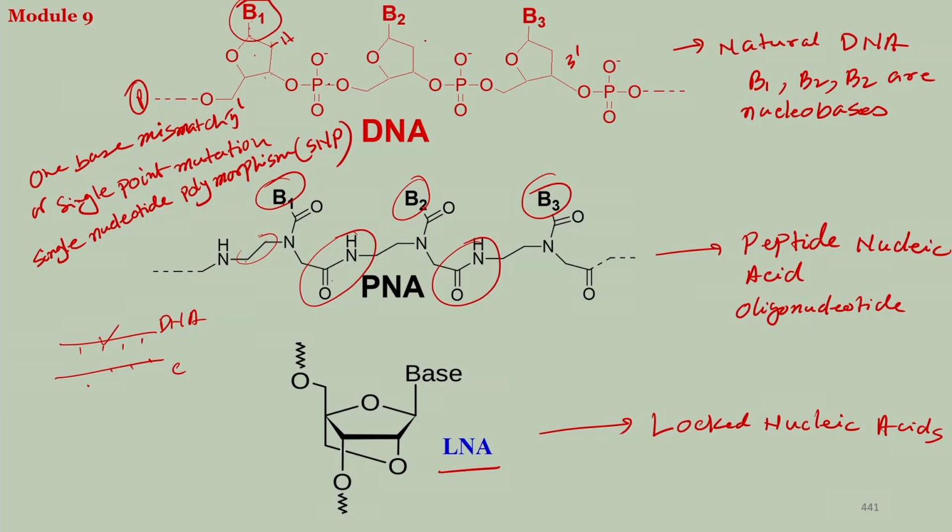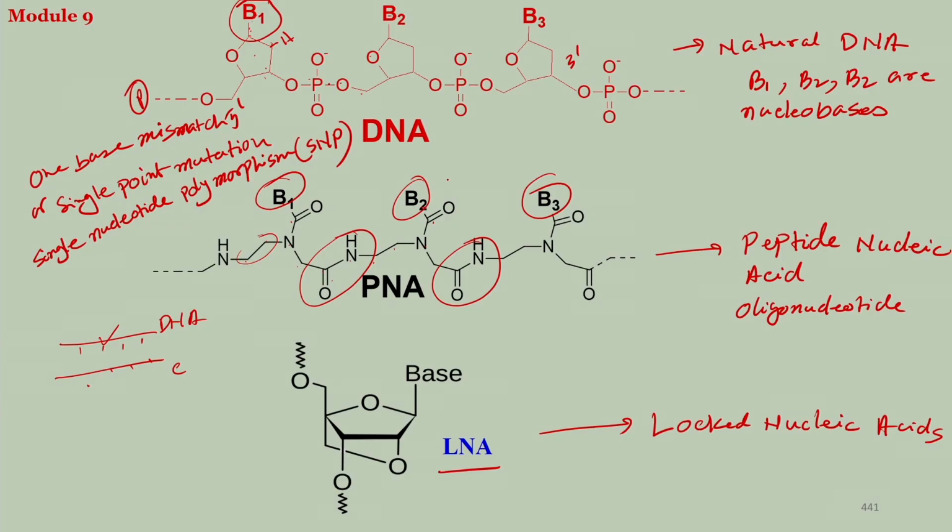Let us see in DNA how many intervening atoms are present. So, 1, 2, 3, 4, 5, 6, 7, 8, 9, 10, I think 10 atoms are present between B1 and B2. Here 1, 2, 3, 4, 5, 6, 7, 8, 9.